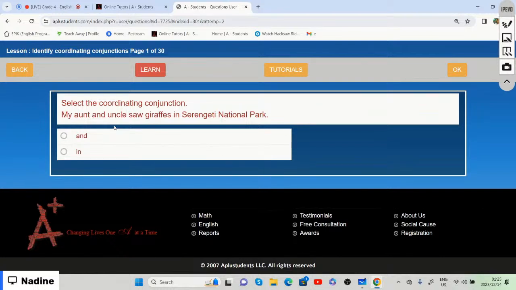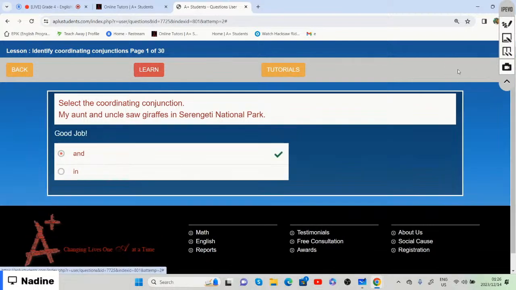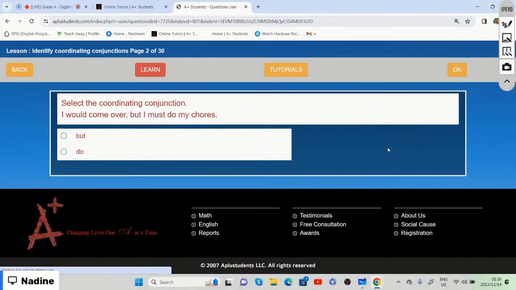My aunt and uncle saw giraffes in Serengeti National Park. Is it and or in? We can say and is our coordinating conjunction. Yes, and is correct. Well done.